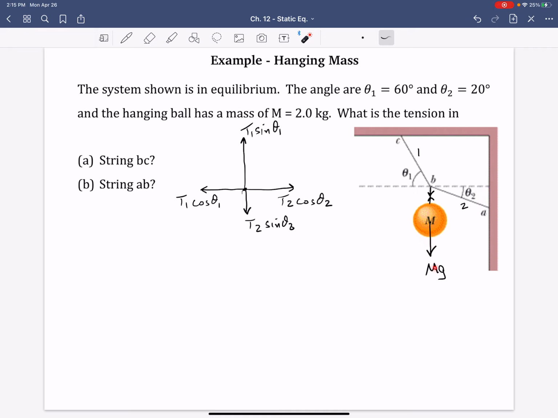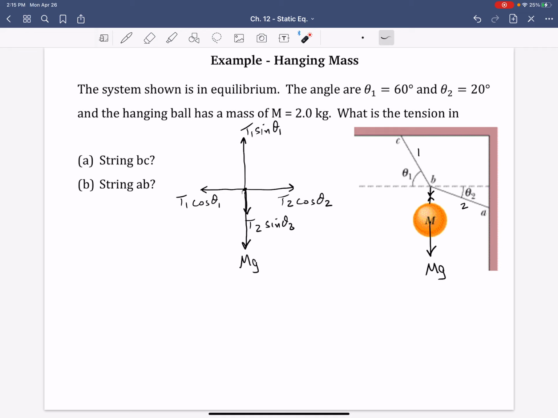And so that's why we need this force in our free body diagram, like so. We don't necessarily need to write those forces there. Now we have all 5 forces at play acting on that central knot.